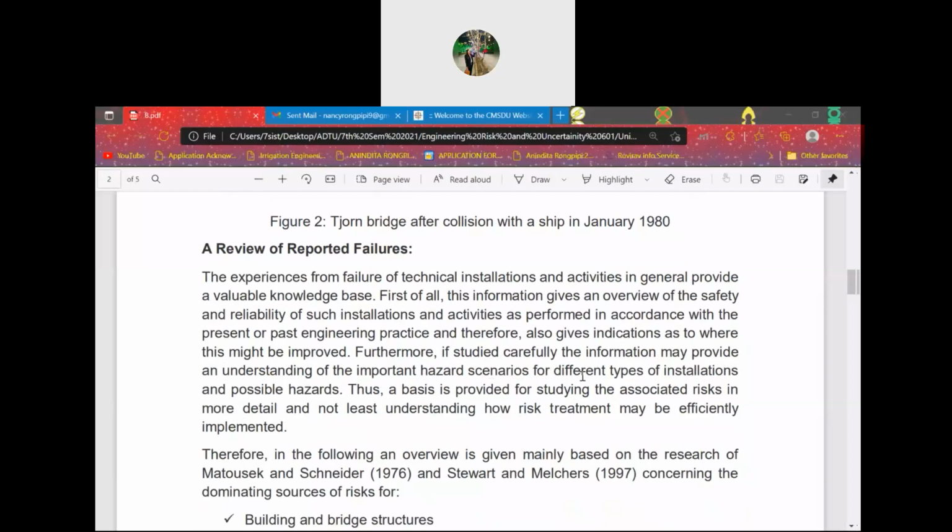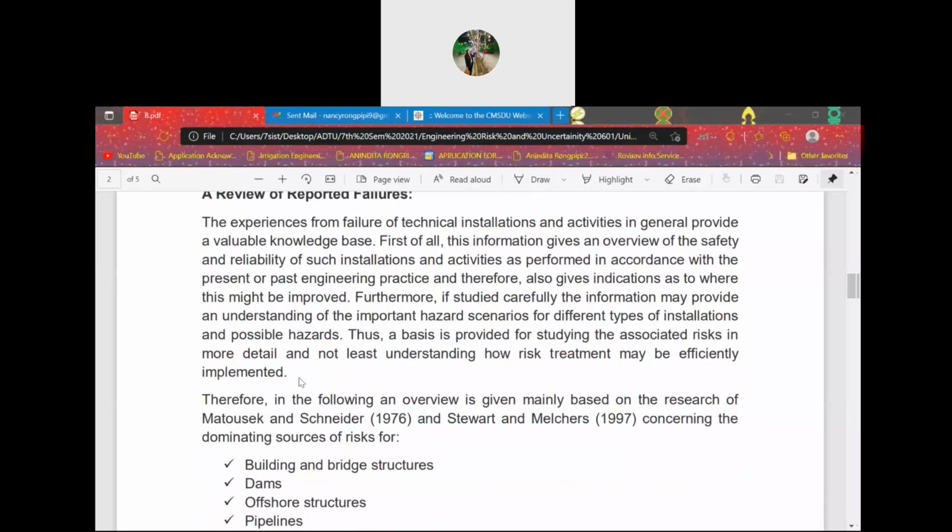Furthermore, if studied carefully, the information may provide an understanding of the important hazard scenarios for different types of installations and the possible hazards that may take place. Thus, a basis is provided for studying the associated risks in more detail and not least understanding how risk treatment may be efficiently implemented.